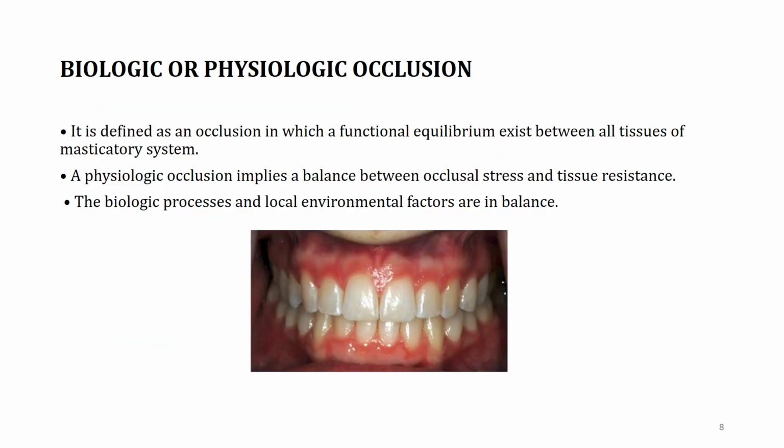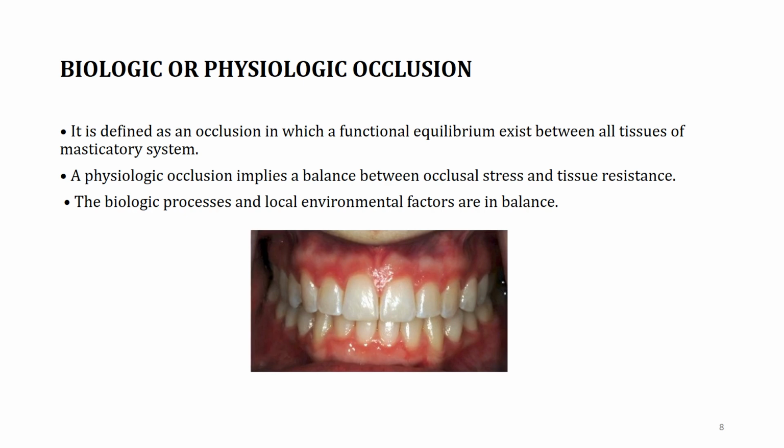Okay, coming to the next slide. Talking about the biologic or physiologic occlusion, which is defined as a functional equilibrium which exists between all the tissues of the masticatory system. That means there is an opposing force which is balanced together.